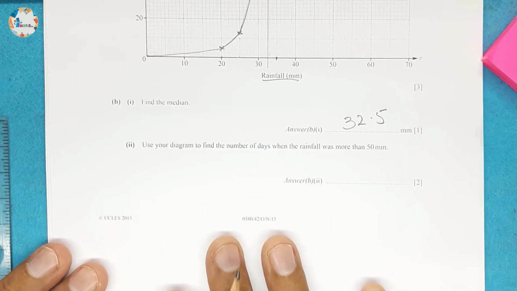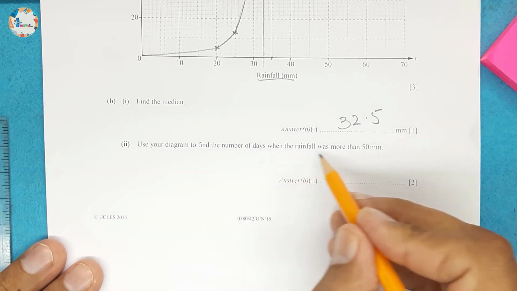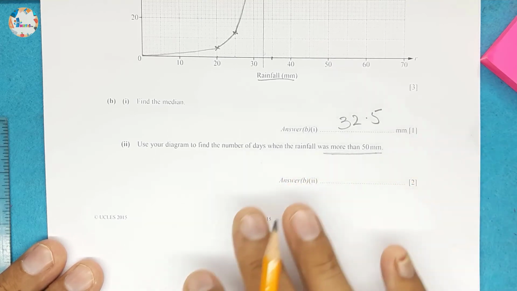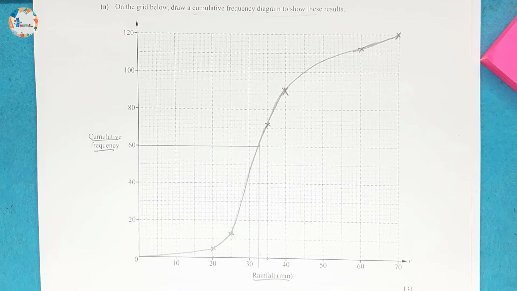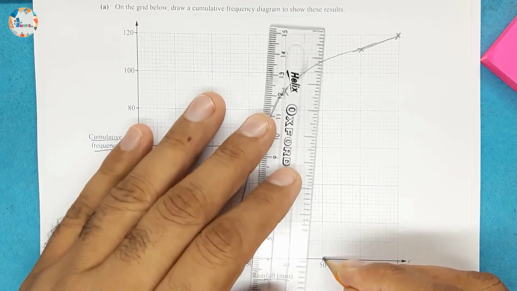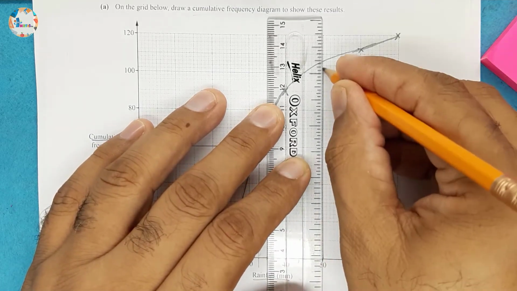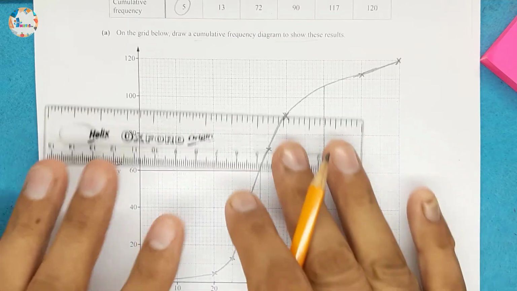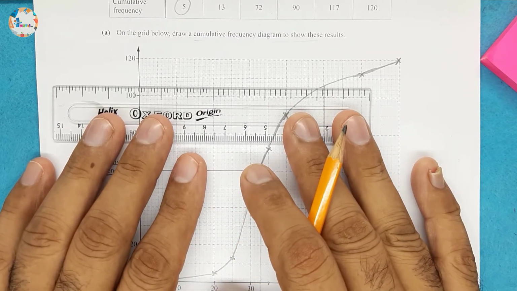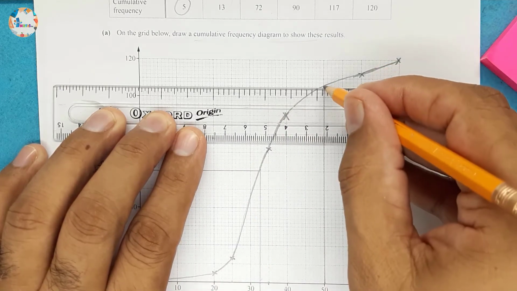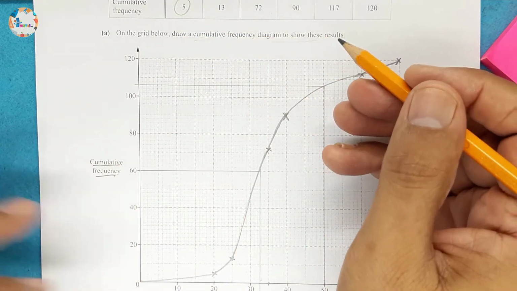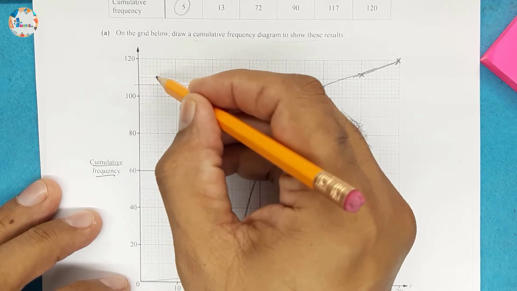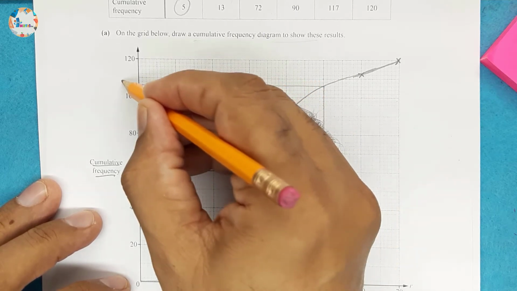Then use your diagram to find the number of days when the rainfall has more than 50 mm. So more than 50 mm will be this value. We can check reference from here, and it will be meeting over here, and this is 100 and this is 110. So in between that 102, 104, 106.